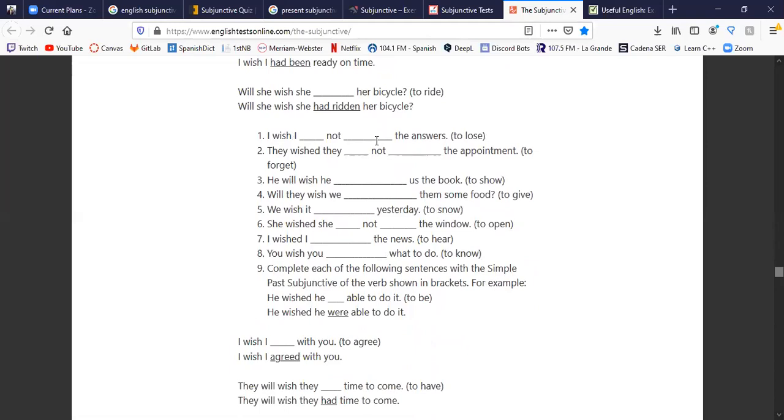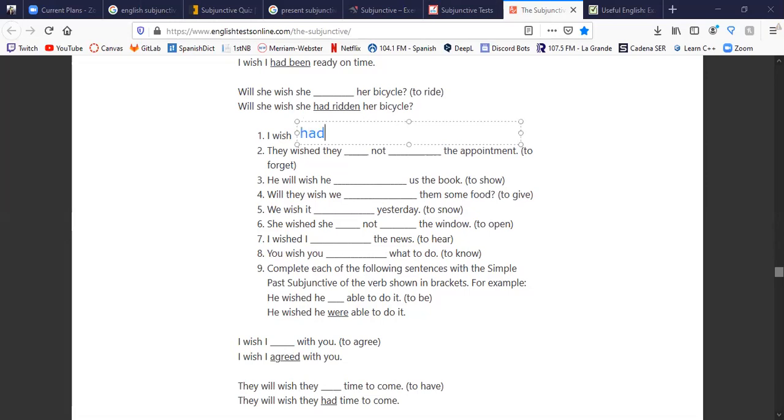Are you ready? Yeah. I wish I had not... we had... Do you remember the form that goes after "had"?